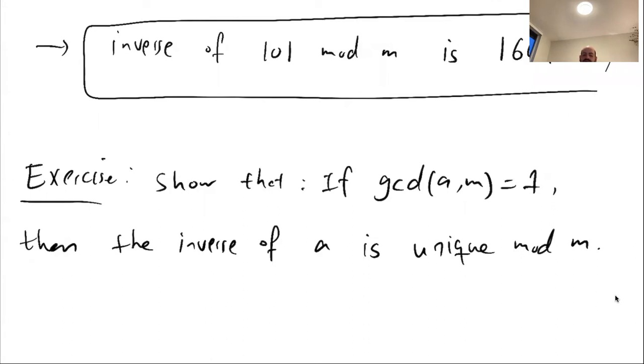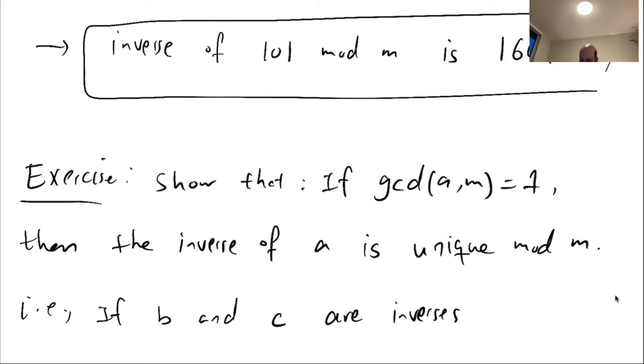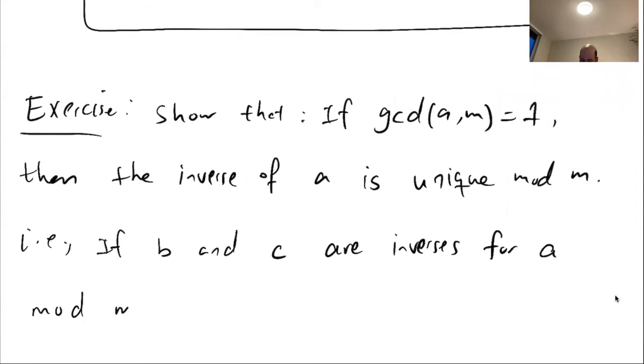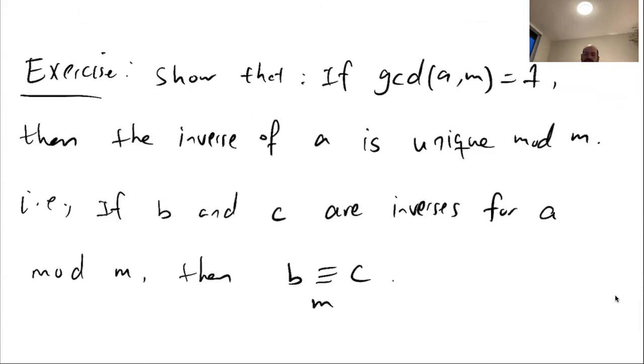Now you want to show that the inverse exists, which we already proved, and is unique mod M. What is the meaning of unique mod M? Unique mod M, i.e., if let's say B and C are inverses for A mod M, then B and C are congruent mod M. So if I say that the inverse is unique, means whenever you have two inverses, then those two inverses must be equal.